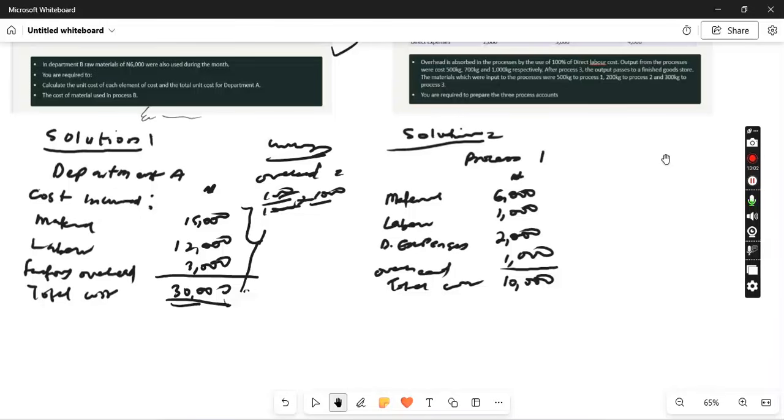So output for process one is 500 kilogram, 500 units. We don't know the figure yet, so how do we derive the unit cost?